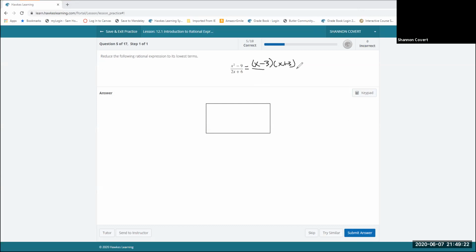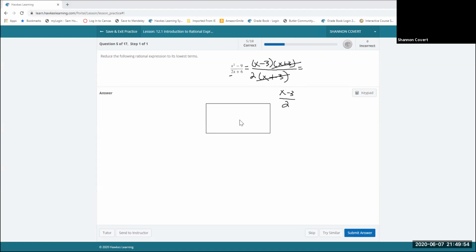The denominator, the only thing I can do there is take out a greatest common factor of 2, which leaves x plus 3. And now the things they have in common, there's an x plus 3 in the denominator, x plus 3 in the numerator, which leaves me with x minus 3 over 2. And that's what I'm going to type in the box.